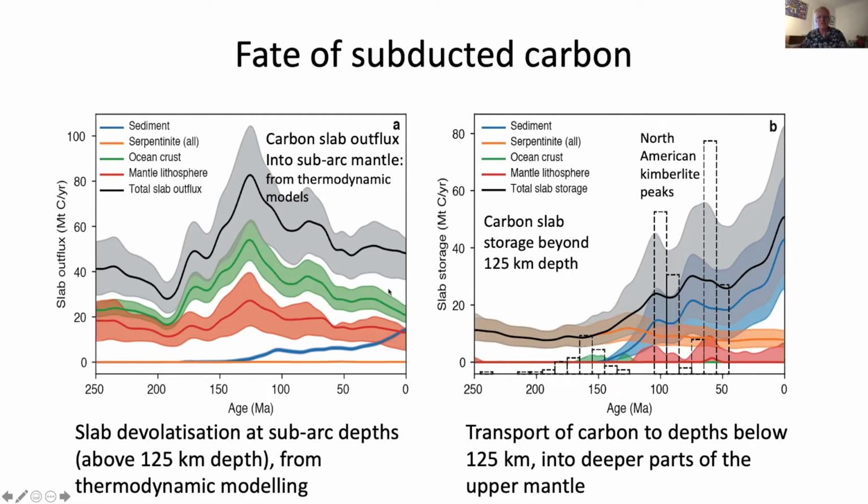And so what we are showing, so the gray graph here is the total carbon slab outflux into the sub-arc mantle. And so this stuff will then either ultimately reach the atmosphere or melts will percolate into the overriding plate and get stuck as magmas or cause volcanism or cause metamorphic reactions, right?